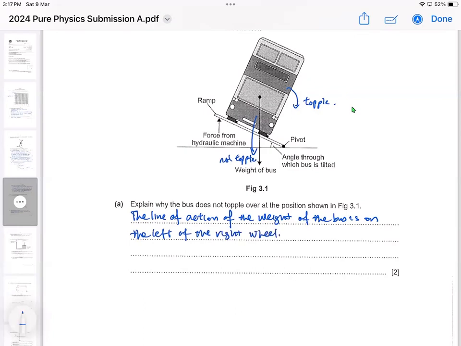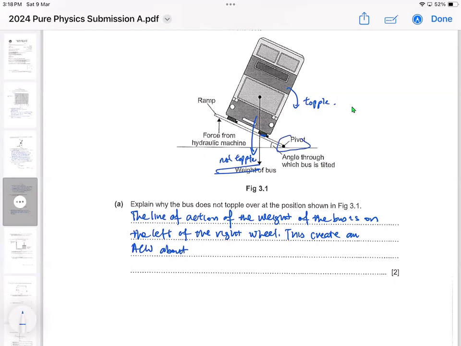So we mentioned it's on the left side of the wheel, that's on the right. So this will create your moment direction for this. This will be your anti-clockwise moments. Whenever you talk about the moment, you're always talking about what object. Although over here it says it's a period, whether this thing will topple or not really depends on the reference to the wheel.